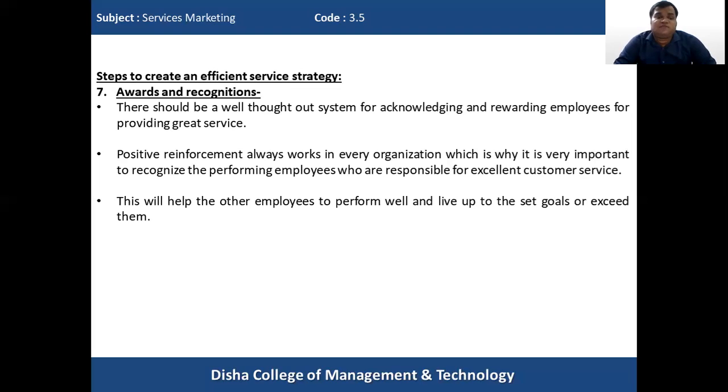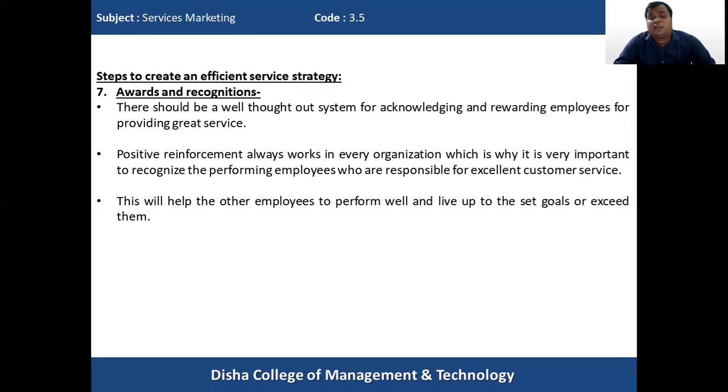This positive reinforcement, like awards and recognitions, not only encourages the employees who are working towards giving better service to the customers, but also acts as an example. It also helps the other employees to perform well, because the other employees also want those kinds of awards and recognition or rewards.